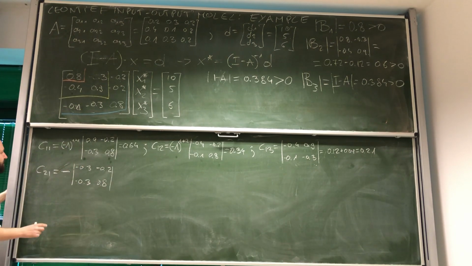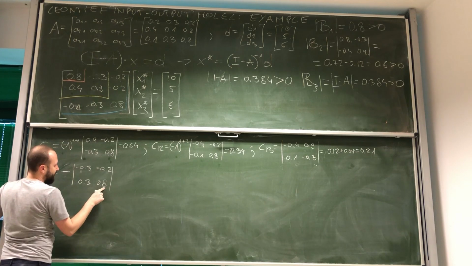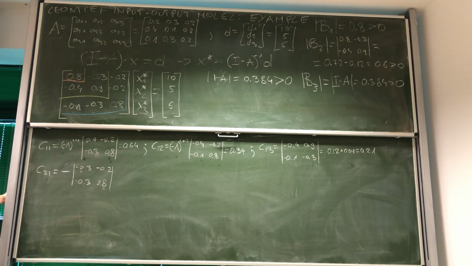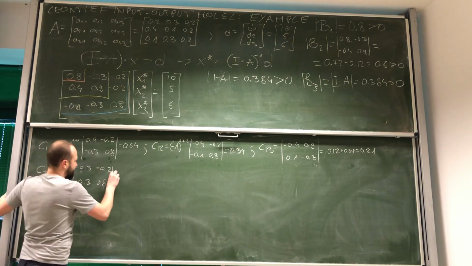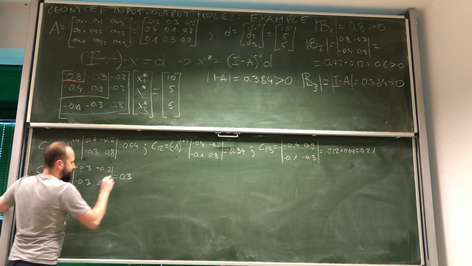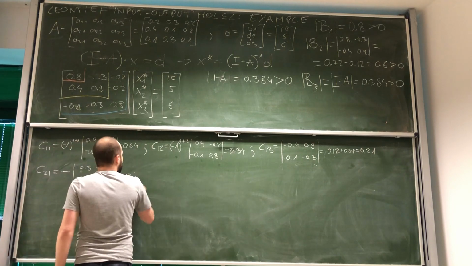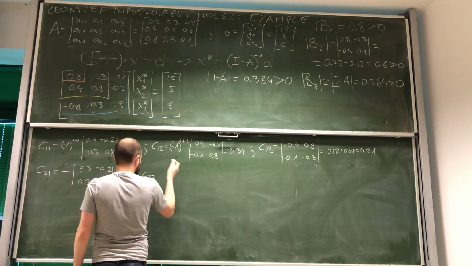So this gives me negative 0.24 plus 0.06, it's 0.3. Yeah, okay. Then we get C22.